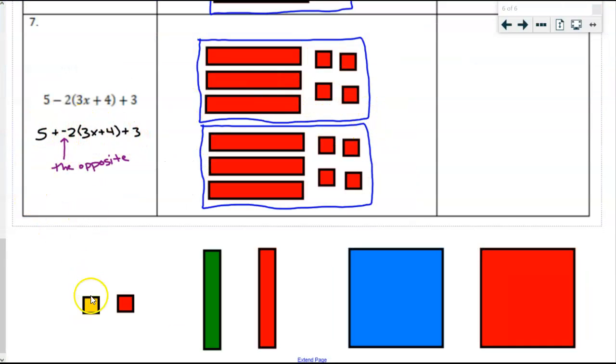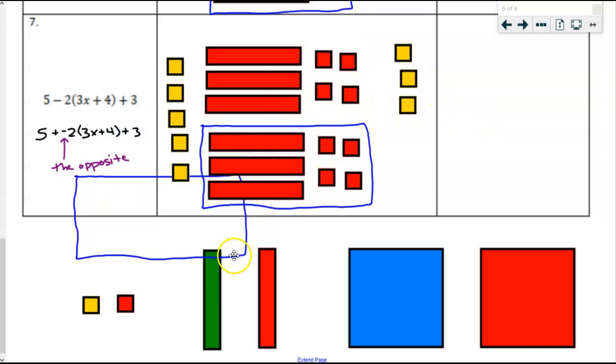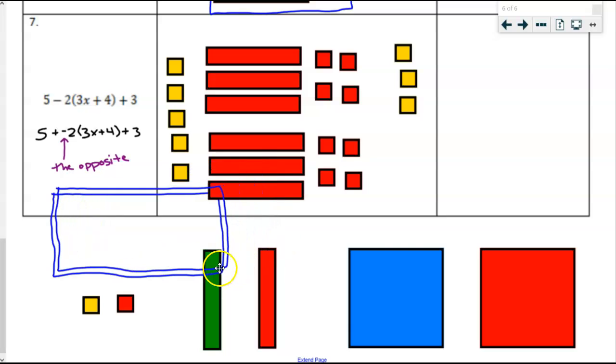It looks like the last thing I need to do is model this plus 5 at the beginning. And at the end, the plus 3. And now that it's all modeled, the whole point of simplifying is removing those groups and combining like terms.